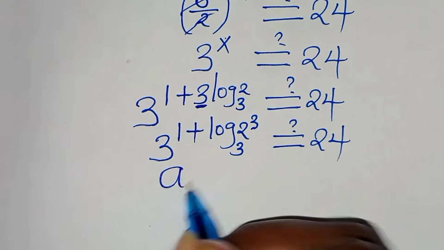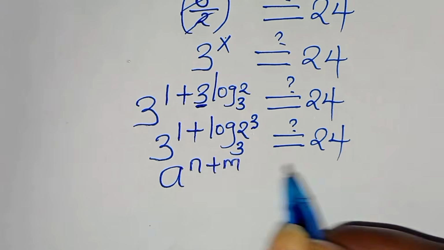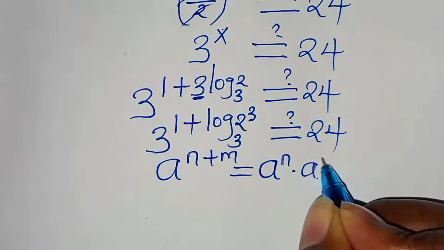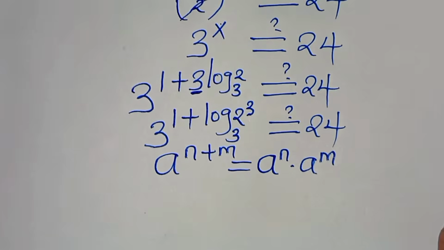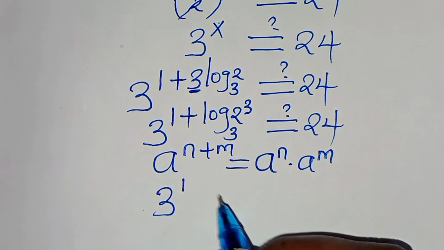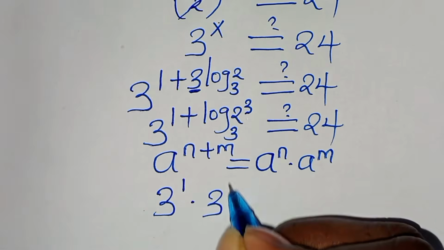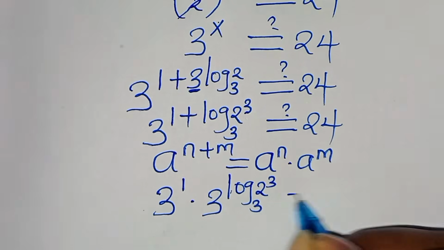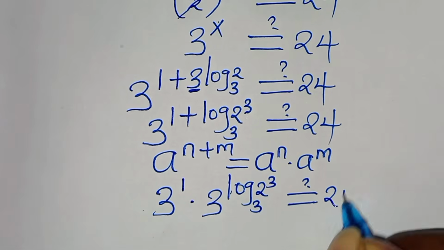This is in the form of a to the power of n plus m, which we can express as a to the power of n times a to the power of m. Applying this exponent property, we have 3 to the power of 1 times 3 to the power of log 2 to the power of 3 to base 3. This is supposed to give us a value of 24.